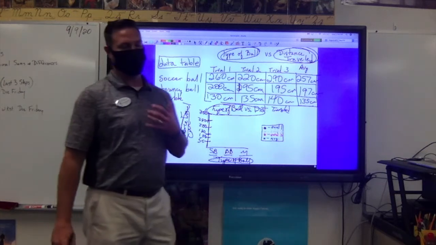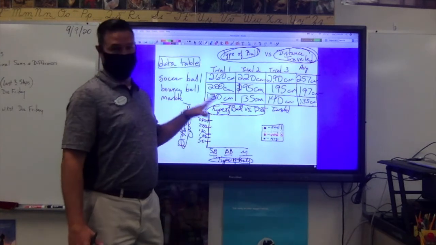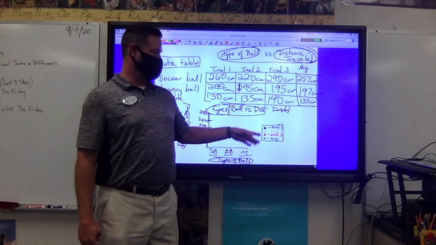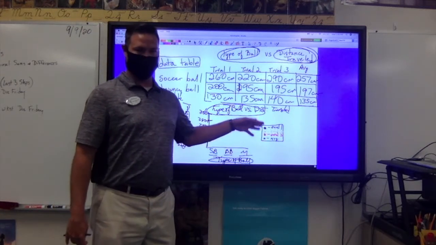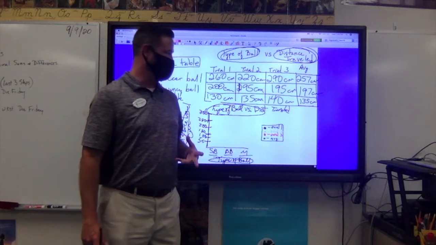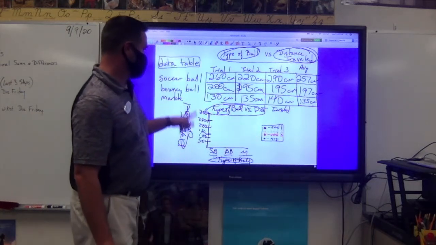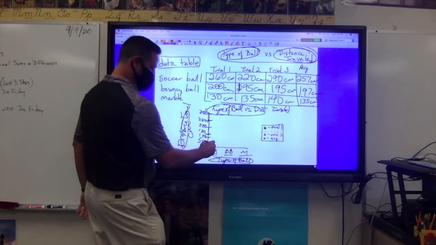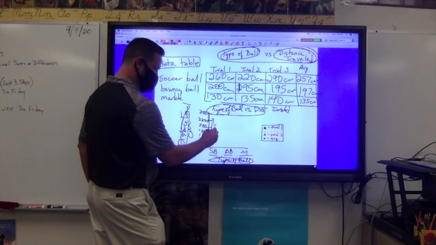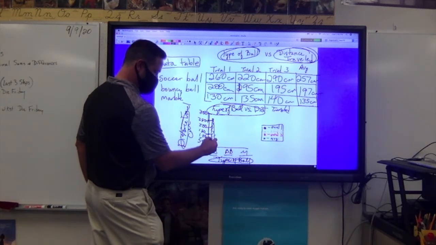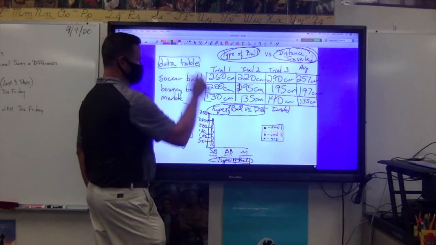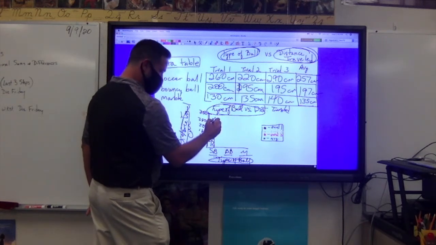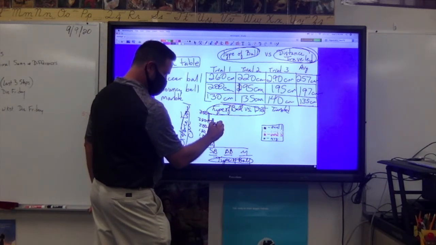At this point, you're then going to go ahead and plot in your bars. And if you notice, according to our legend, we have the 3 trials and the average, and we're going to color code them so that you can kind of see them a little better. So if I went to the soccer ball, my first one is 260. I would draw a black bar up to 260. I would have a yellow bar, which is trial 2, at 220, which would be a little bit less.